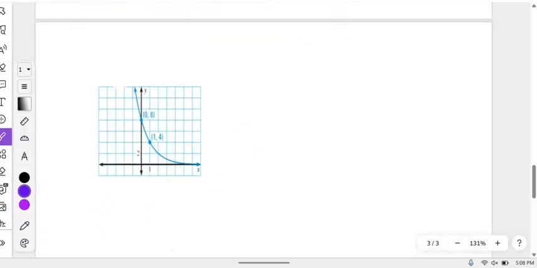Now finally, I'm given a graph and I need to write the equation from the graph. Again, I have my initial value, which is 8. It's where my y-intercept is. So f of x equals a times b to the x, and right now I have f of x equals 8 times b to the x.